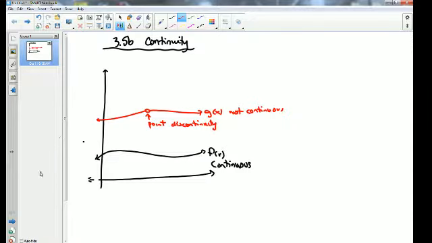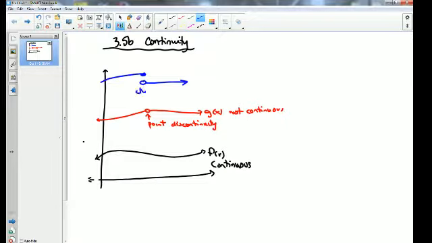And that was called a point discontinuity. What was the other one we looked at? Yeah, jump discontinuity.